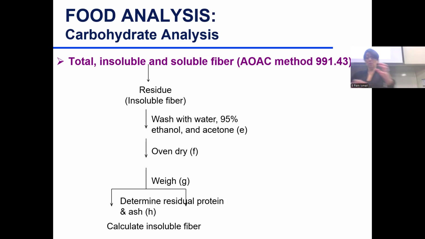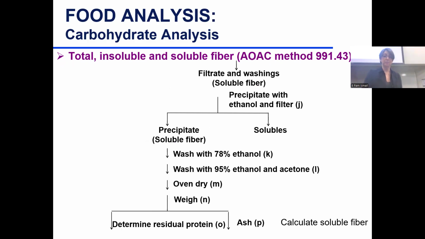Now, the soluble fraction that went through the filter, the filtrate and washing, you have the soluble fiber with the glucose, with the amino acids, with the other salts and solubles, they're all together. So you take that and then you add ethanol.